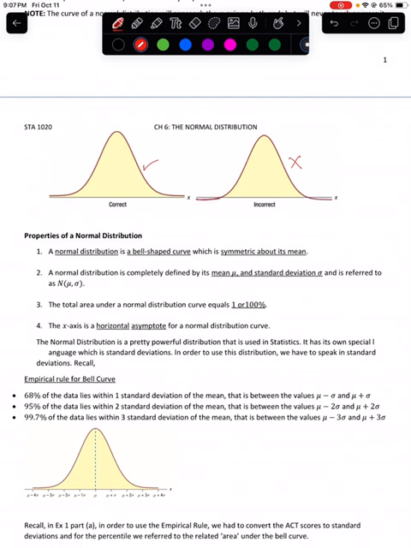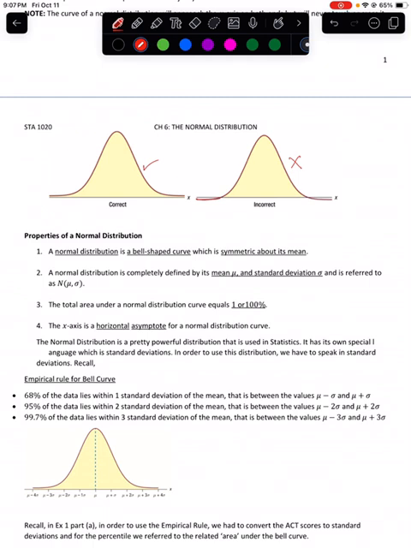The properties of a normal distribution: these underlined words are something you have to remember. A normal distribution is a bell-shaped curve which is symmetric about its mean. A normal distribution is completely defined by its mean mu and its standard deviation sigma, and it is referred to as N(mu, sigma).